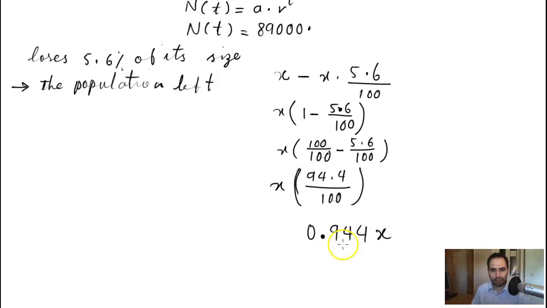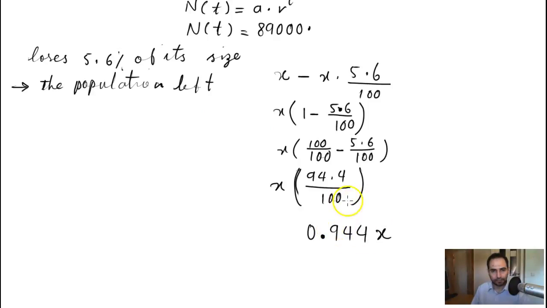If I multiply this number 0.944 by any variable x, that means I have lost 5.6% of x, and this is the remaining part of x as a result of 5.6% of x having been lost.